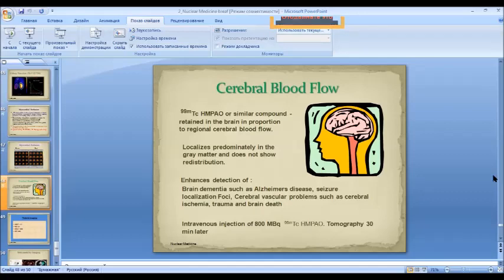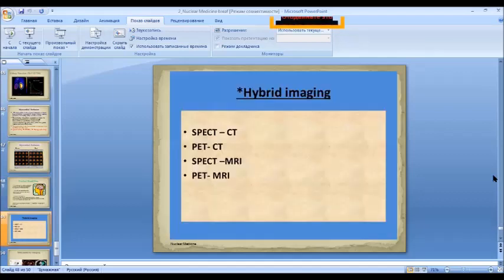Again, intravenous injection of some amount of technetium and detection 30-40 minutes after administration of the radioactive tracer.